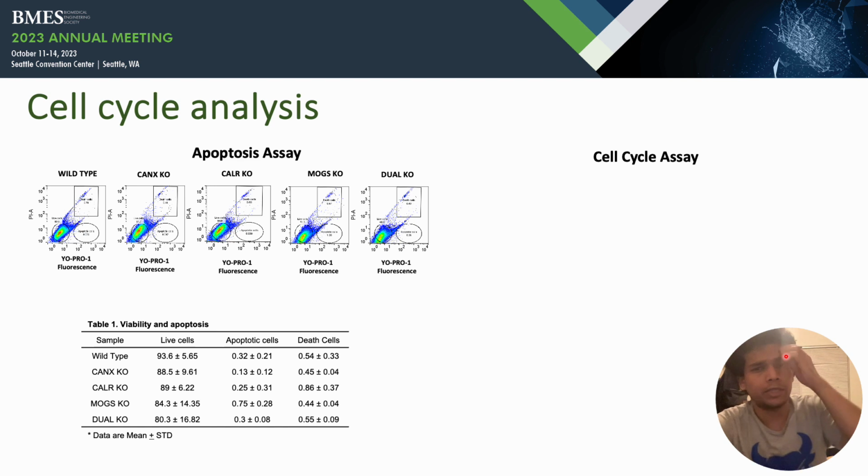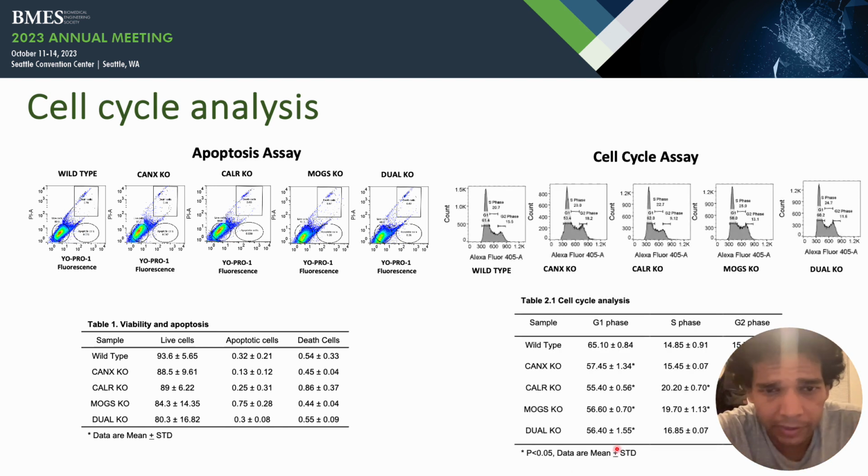Thereafter we also did the cell cycle assay, and there we find some significant changes in all the knockouts: in the G1 phase there is a downregulation, whereas upregulation has been observed in the S phase for the calreticulin and MOX knockouts. So overall this provides an idea that calnexin and calreticulin play a role in regulating the cell cycle, in regulating the proteins that are responsible for cell cycle maintenance.